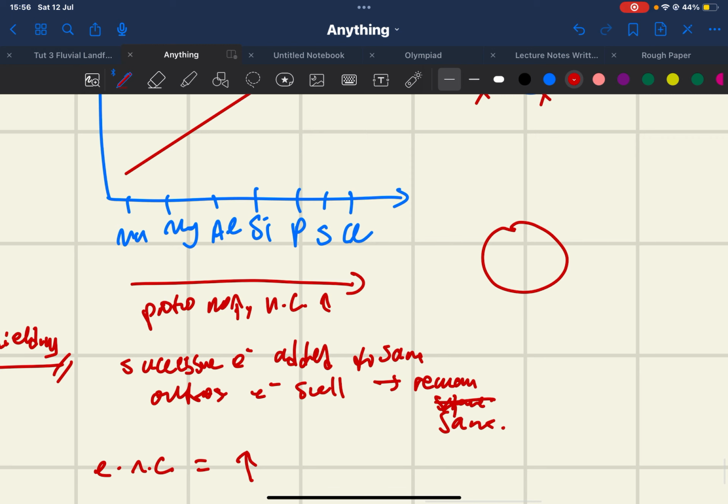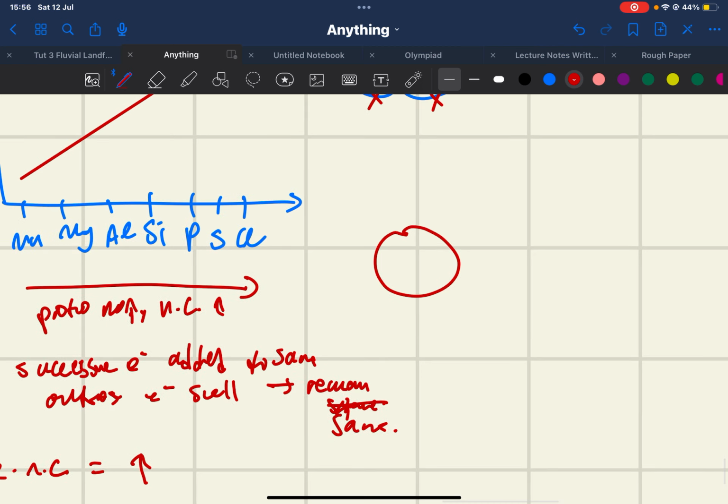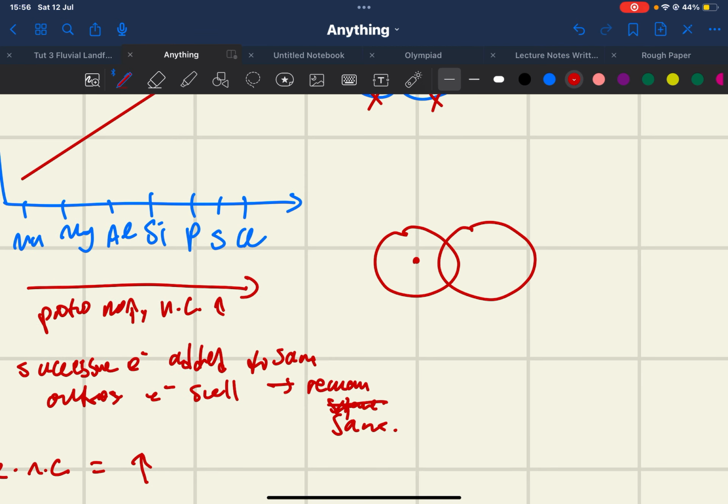So between the nucleus and the valence electron, there's much stronger attraction. You see this red arrow I'm drawing over it. It has much stronger attraction. So in other words, if I have another atom here, it will have a stronger attraction to this. So stronger attraction means what? It will pull over.